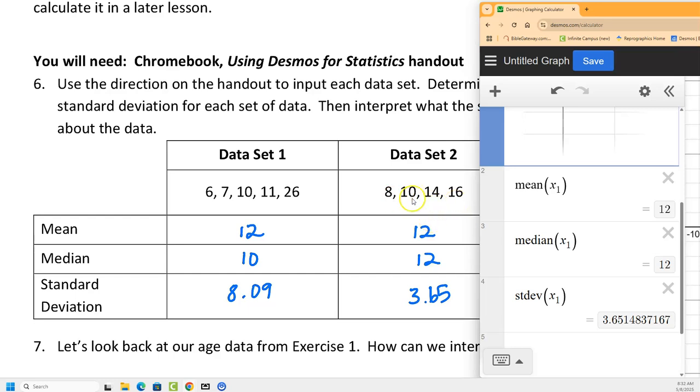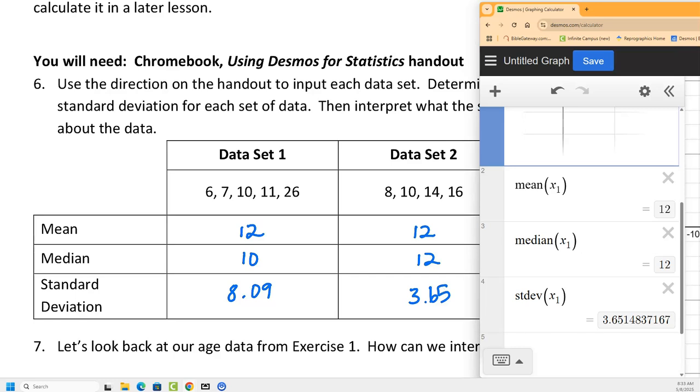But the basic difference from the mean, remember, it's the distance between a typical data number and the mean, right? And so if the mean is 12, it says that most numbers are plus or minus that 3.6 or 3.7, right?